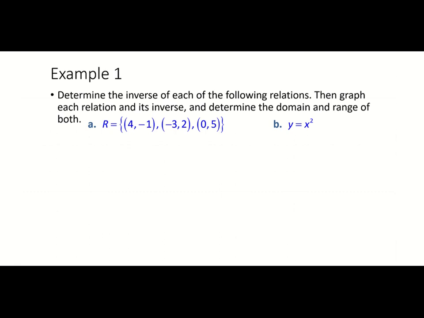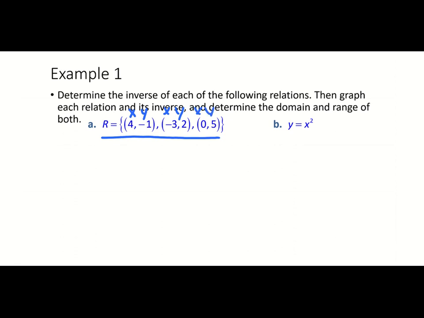Okay, so here we're going to look at our first relation, and then we're going to determine the inverse of the relation. For A, our relation is a set of ordered pairs. And remember, for the inverse, you simply swap the x and the y values.